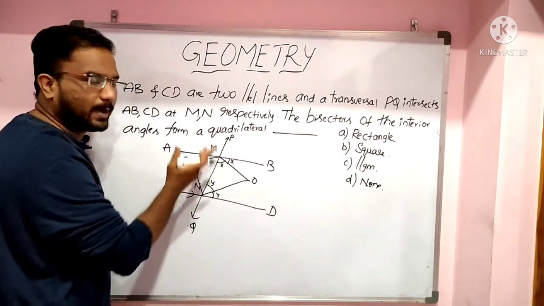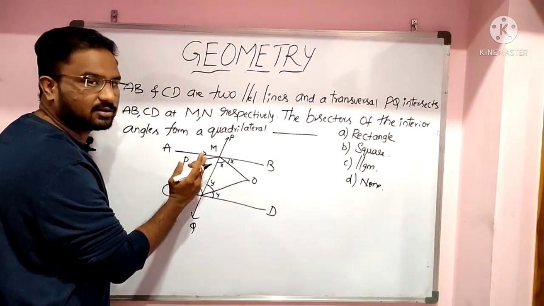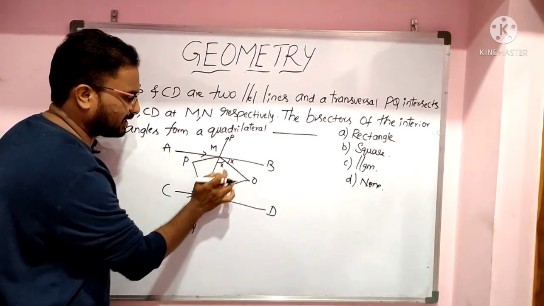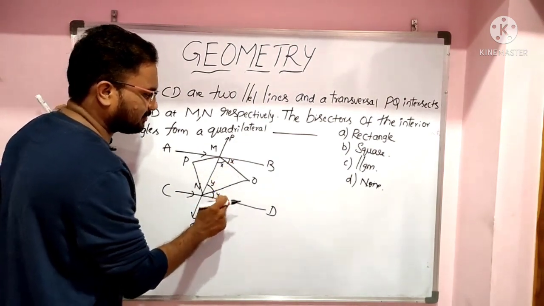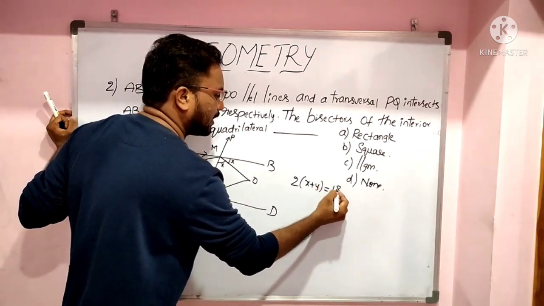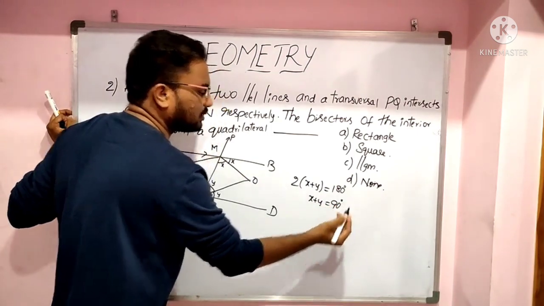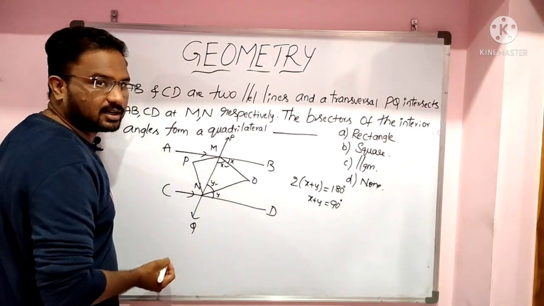If two parallel lines are cut by a transversal, then the sum of the interior angles on the same side of the transversal is 180 degrees. That means 2 into X plus Y equals 180 degrees. So X plus Y is 90 degrees. So this angle sum is 90 degrees.